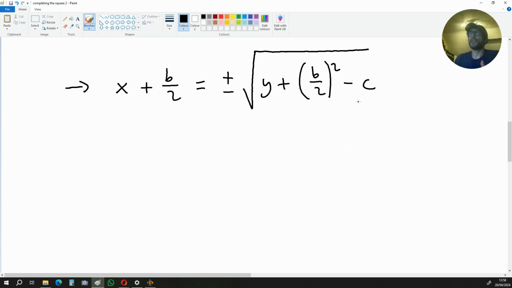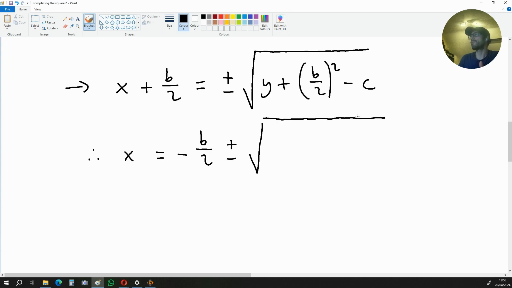What we are going to do last is subtract b over 2 from both sides of the equation. This means that x is going to be equal to minus b over 2 plus or minus the square root of y plus b over 2 squared minus c.